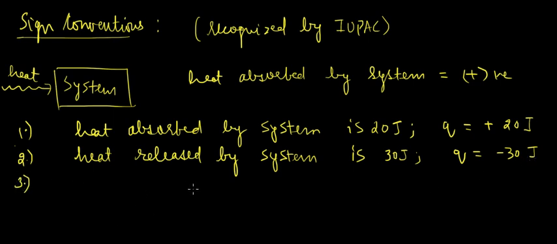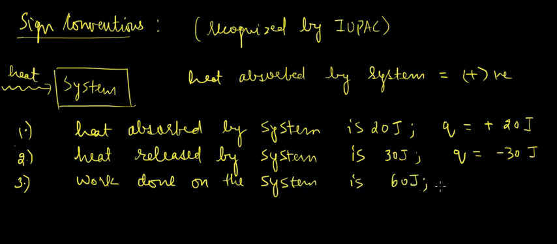Third, if we write that work done on the system is 60 joule, so W in this case would be plus 60 joule, as work is done on the system.